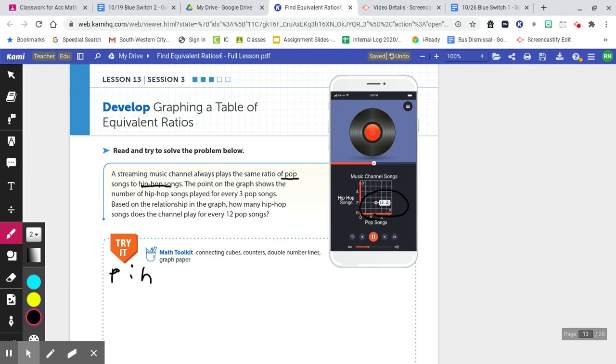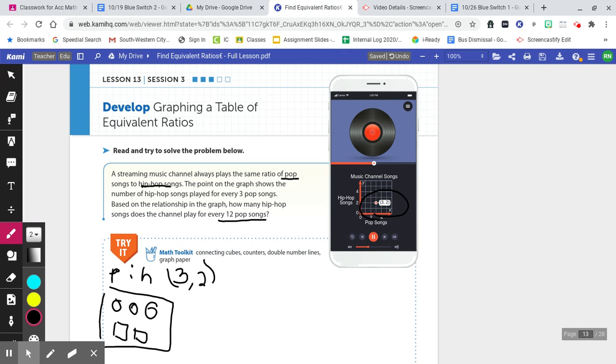Okay, so if you're back, you notice that the ordered pair was 3-to-2, meaning my pop songs was my X and my hip hop was my Y. I could have done a picture and done 1, 2, 3 pop, and I have 2 hip hop. And if I wanted to do this until I had 12 pop songs, I'm going to draw my model.